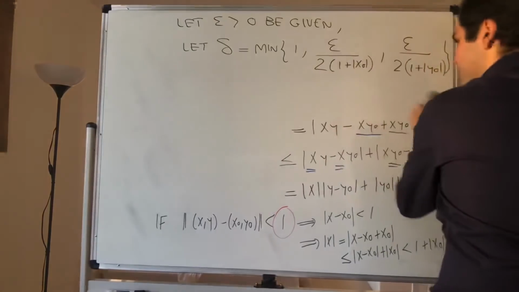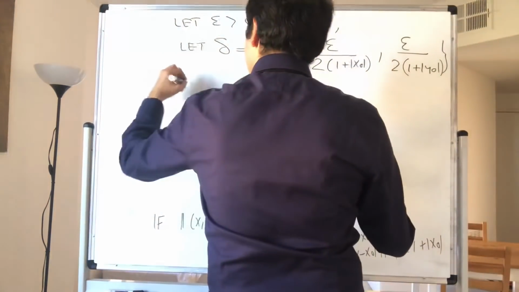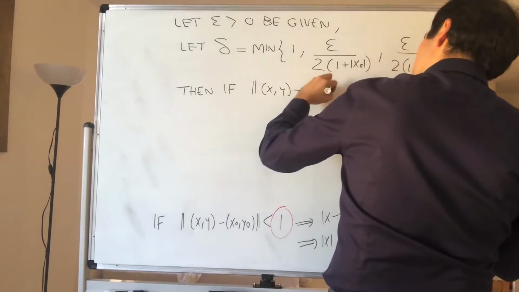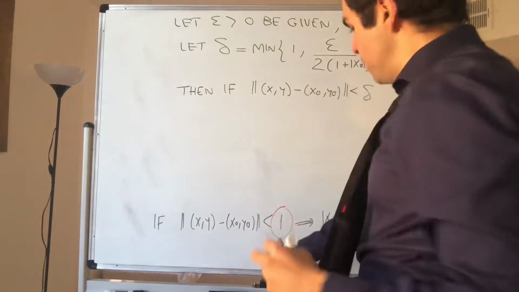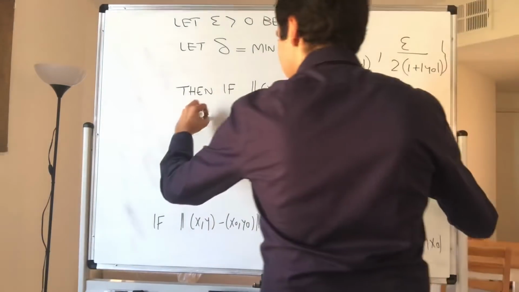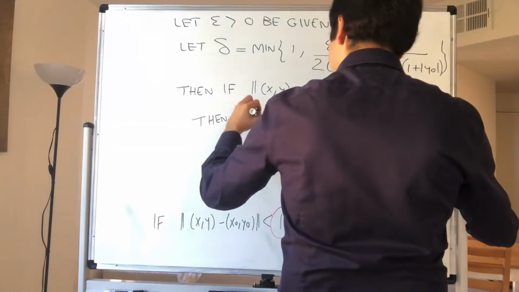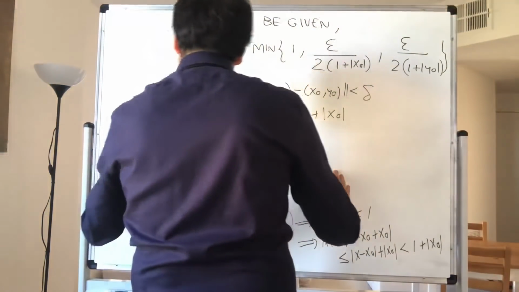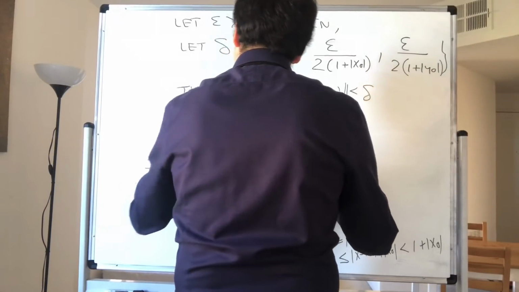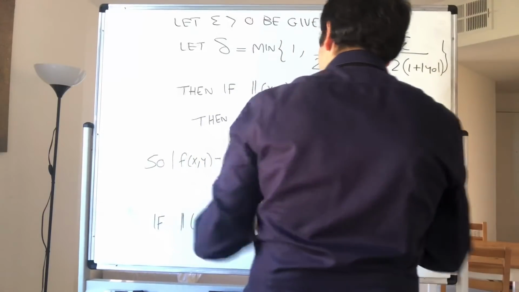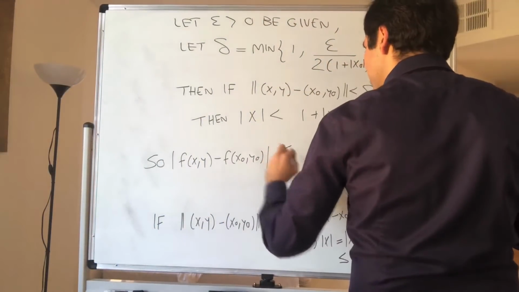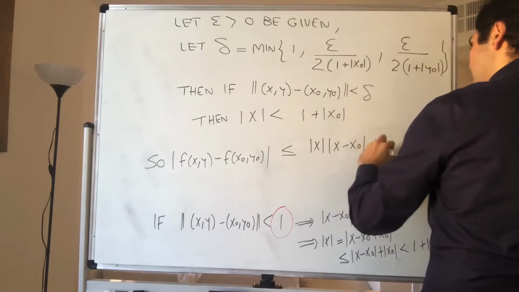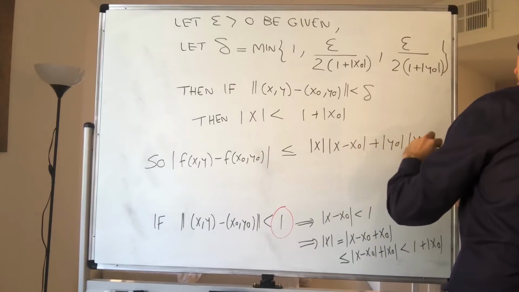But then, if the distance between (x, y) and (x₀, y₀) is less than delta, then in particular this is true, so we can conclude that the absolute value of x is less than 1 plus the absolute value of x₀. So |f(x, y) − f(x₀, y₀)|, again, just as before, we found that this is less than or equal to, what did we have, |x||y − y₀| + |y₀||x − x₀|.